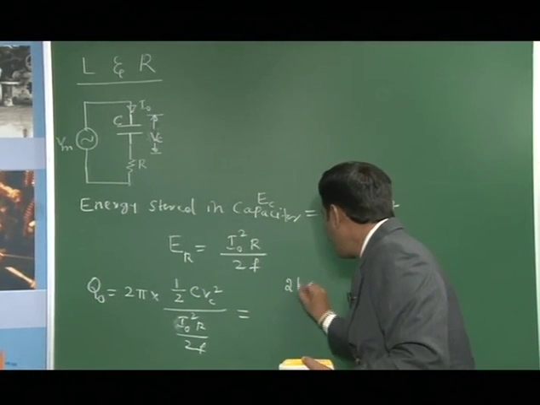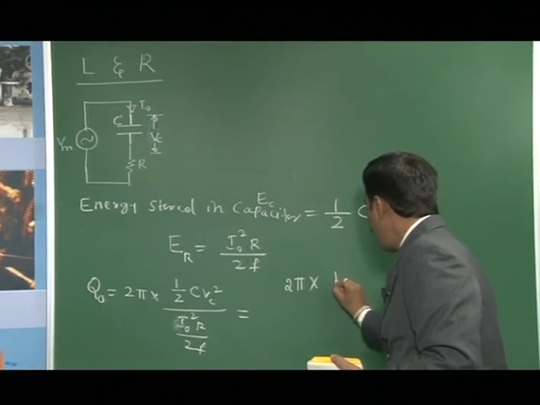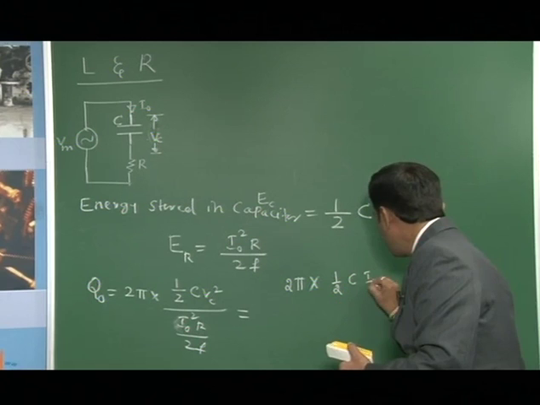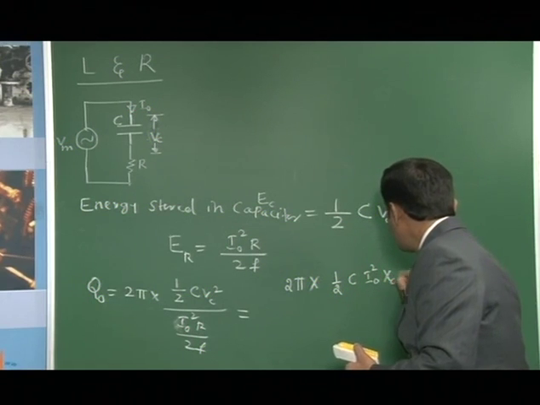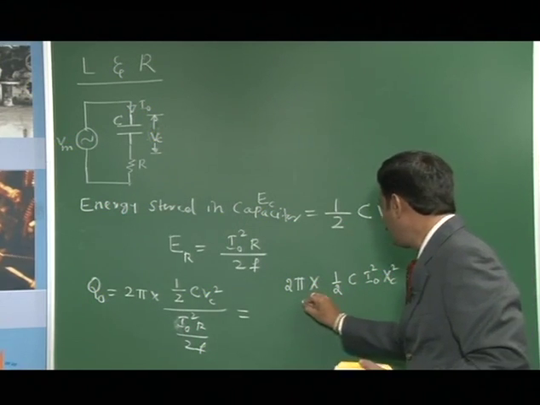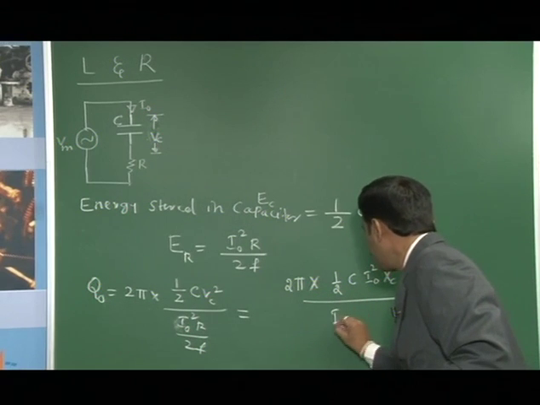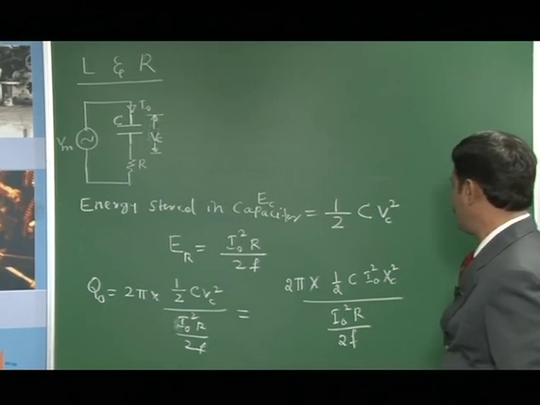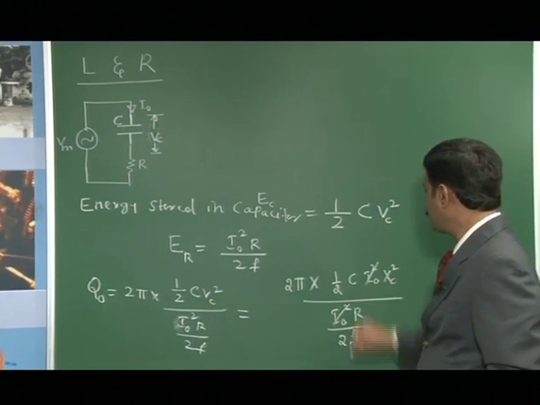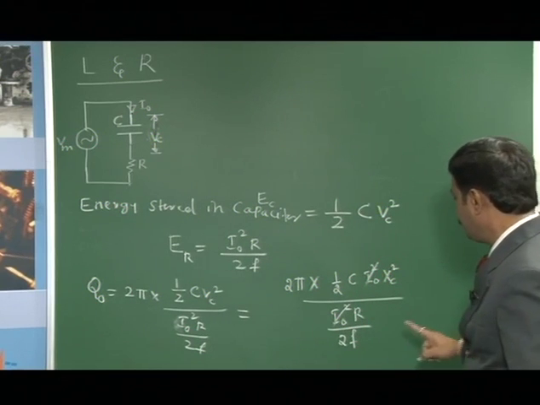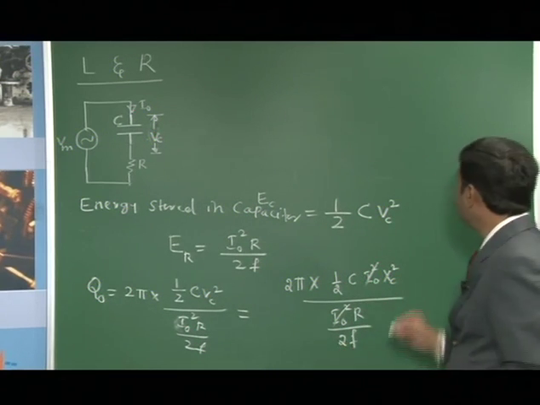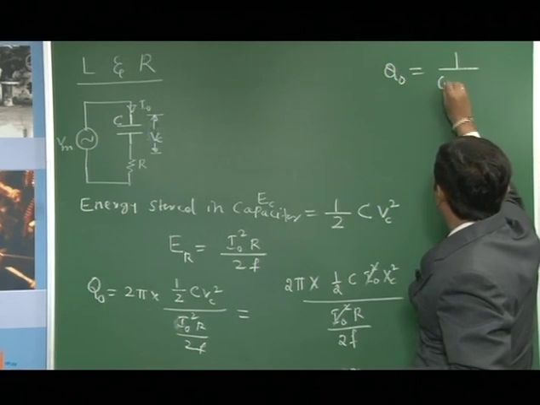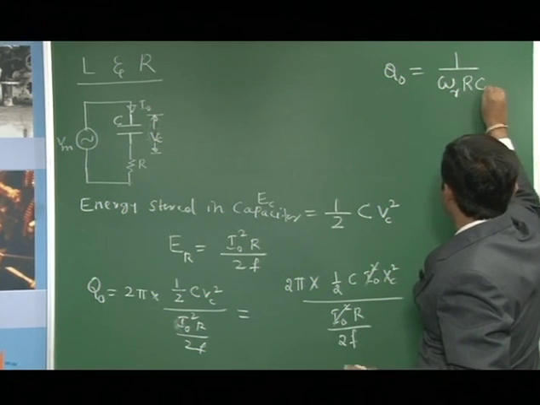So I naught square will cancel, and if you compute this expression you will get Q naught is equal to 1 by omega R into RC.